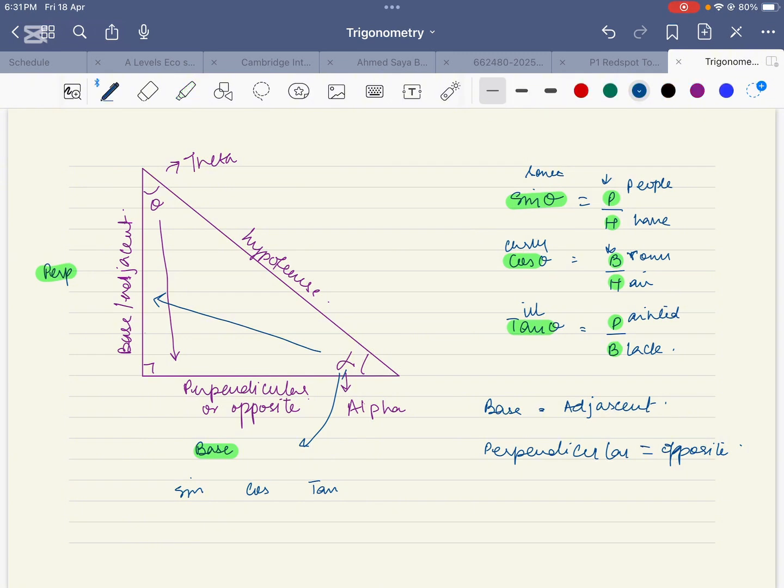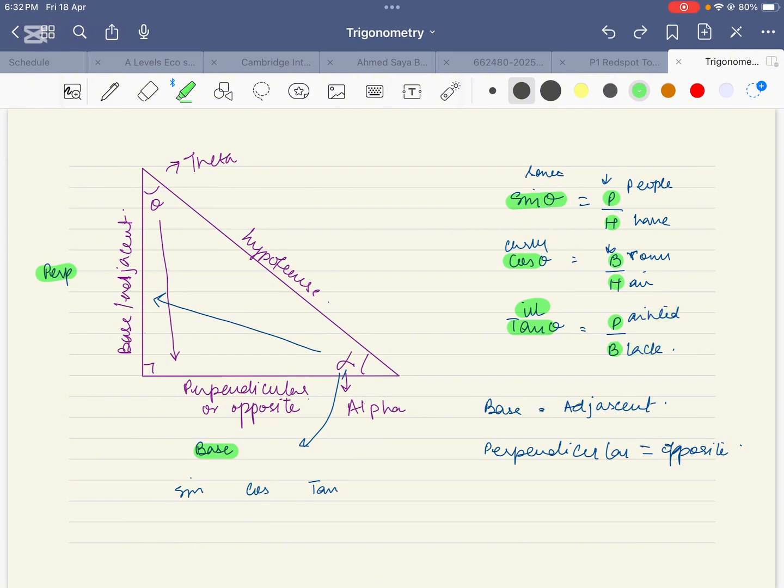So this can be remembered as: some people have curly brown hair till painted black. This is how you can remember it.